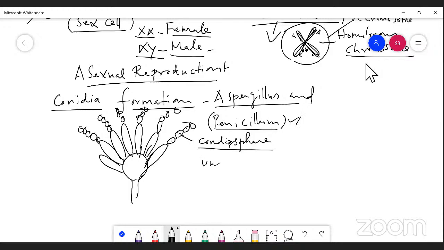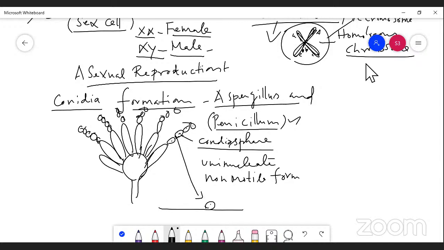The conidia are uninucleate, non-motile forms. The conidia spread out through the air. In favorable conditions, the conidia on the surface germinate and form new individuals.